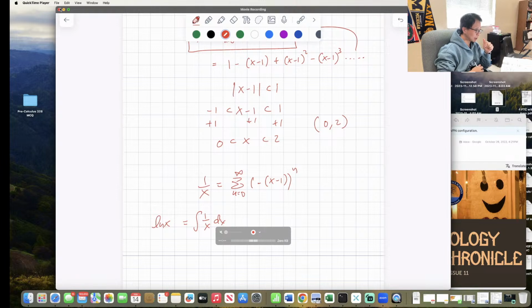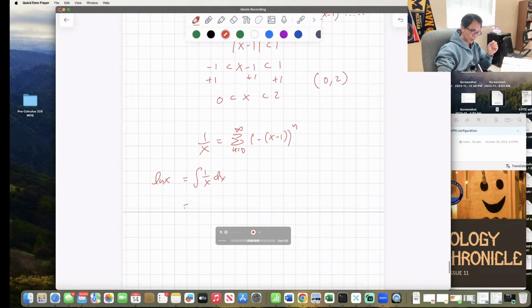But when you integrate, you are going to get a constant c. Now we are integrating the power series, so it's going to change a little bit.